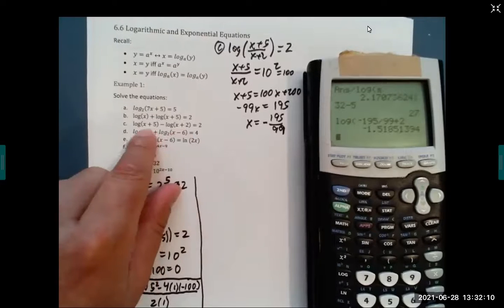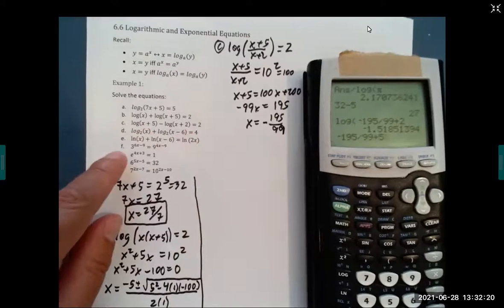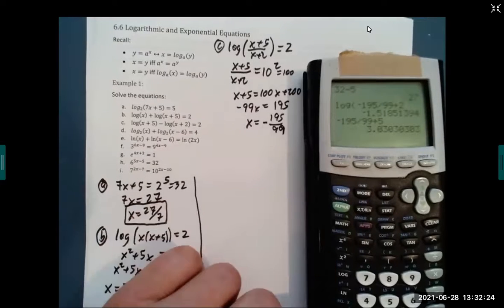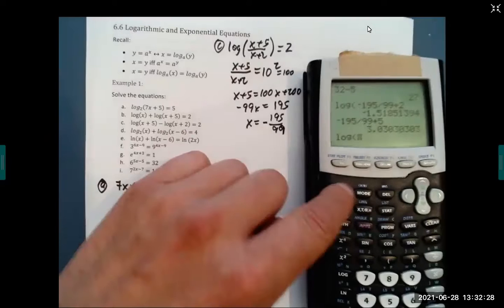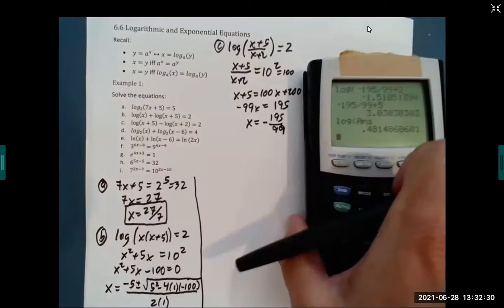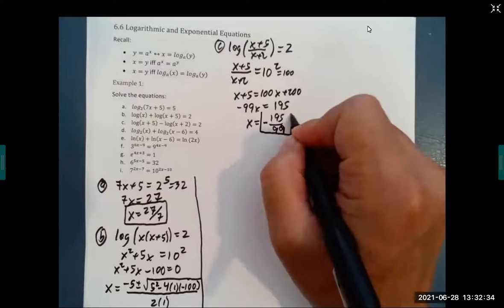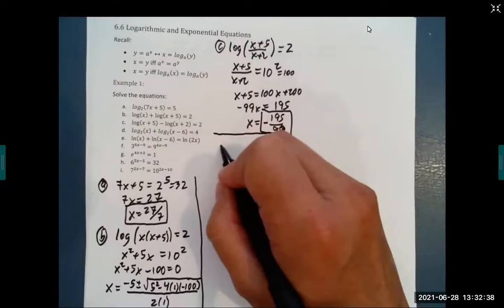Let's double check it here as well. Negative 195 divided by 99 plus 5. Oh, if this one's fine, this one should be fine. Oh, I need the log of the previous answer. Yeah, that's fine. Great. I was thinking we were going to have to throw it out. Nice. Over here. D.